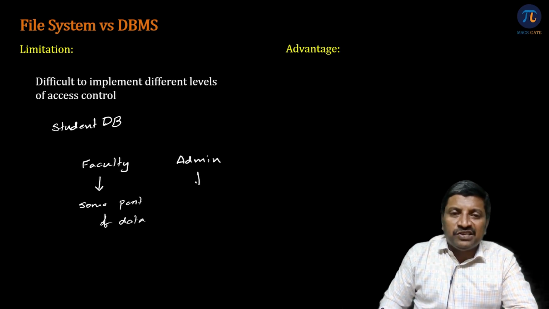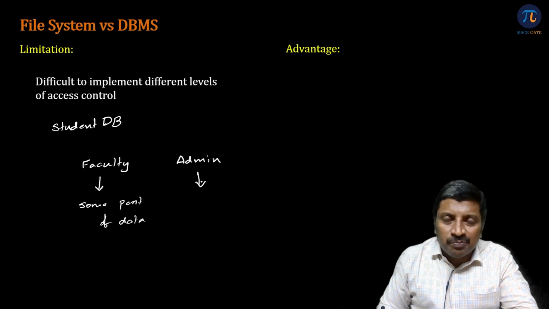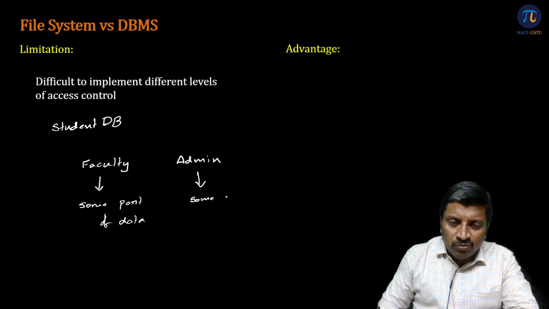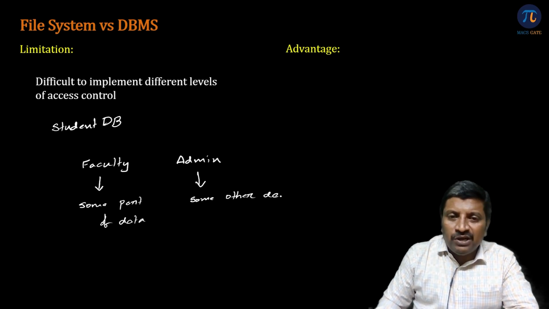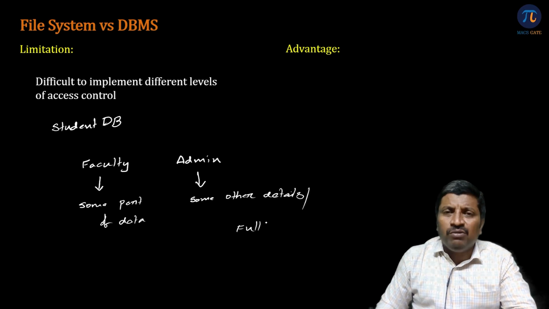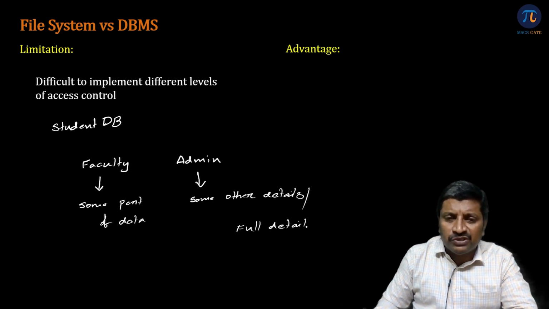As administration, he may not need the percentage details or something else. So he may need some other details, or the administration section may need to access all the details. In general, the administration staff will have to access all the details of the students.